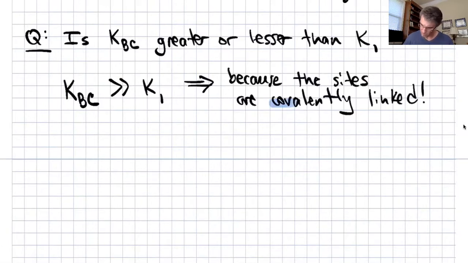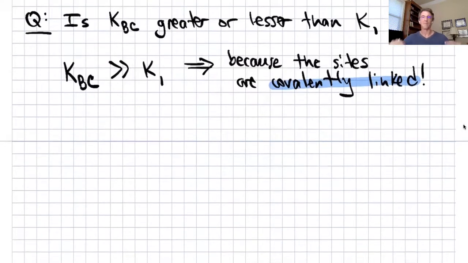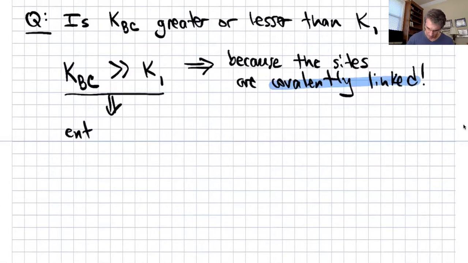So another way to think about this is the synthesis, the reason KBC, the equilibrium constant for formation of that hydrogen bond in the polymer, is so much larger than the same hydrogen bond in isolation, is the entropic cost of orienting those two amino acids with all the other stuff they want to do.